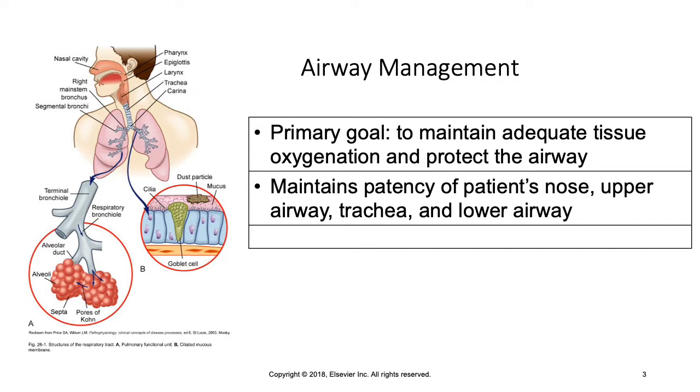Most times, air will enter the respiratory tract via the nose. The function of the nose is to protect the lower airways by warming and humidifying air, and it also filters small particles before they enter the lungs.